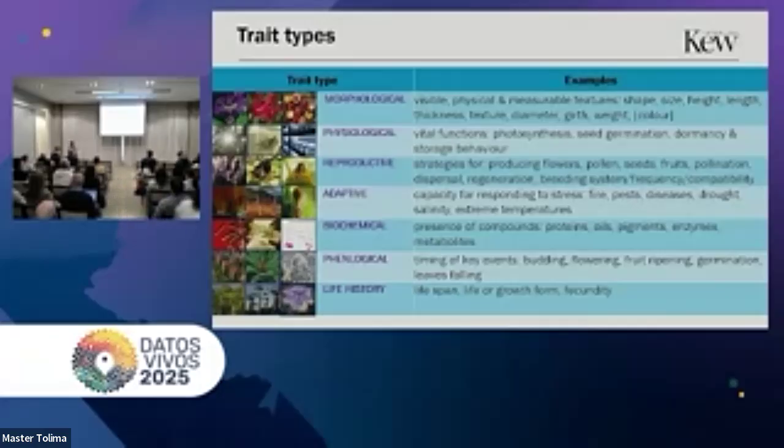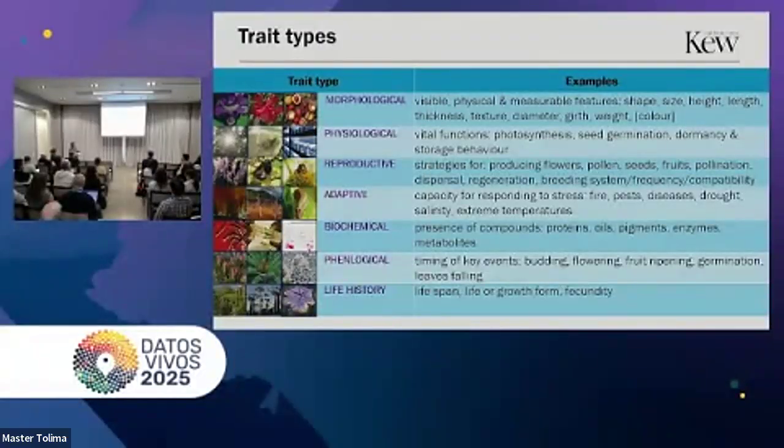Some are related to vital physiological functions. Others are reproductive or adaptive strategies. A trait can be the presence of a specific compound or the timing of key life events. Life history traits include lifespan, life or growth form, fecundity, and more.